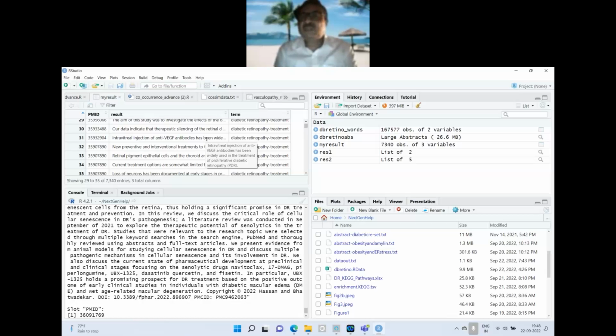So this is already in use. That's what we saw in the KEGG also. This is a general statement. Specifically also by taking those names, we can try to find out.